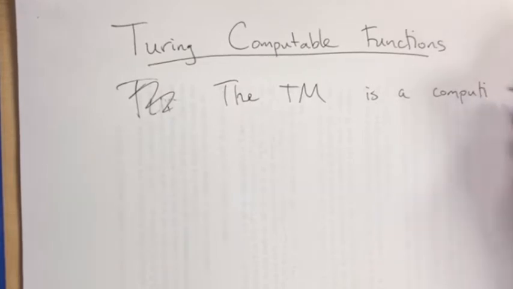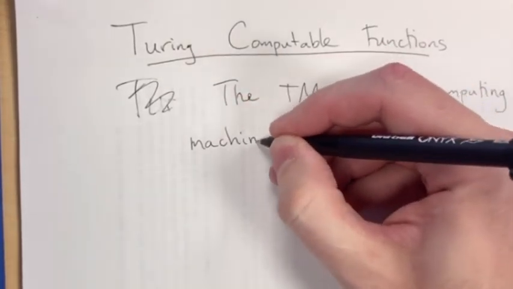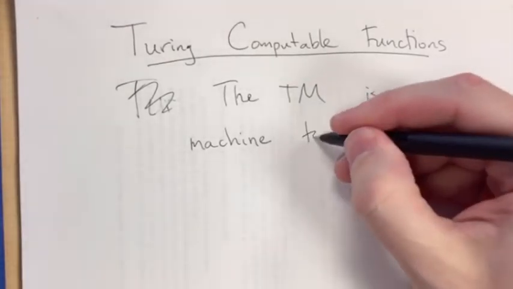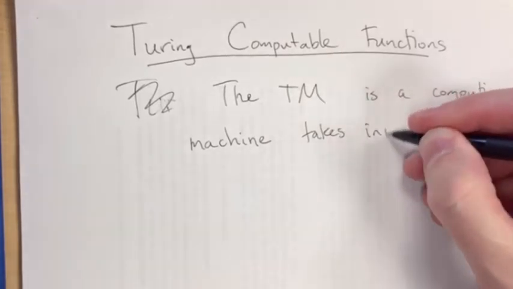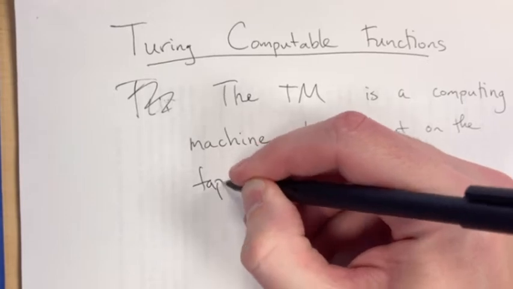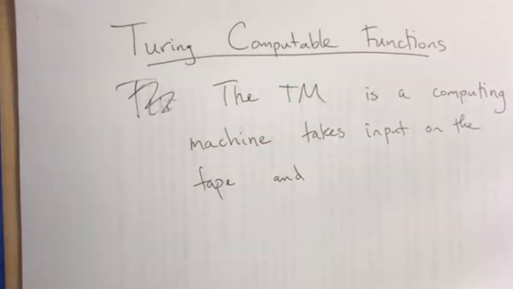You could say computer if you want, although that's a little suggestive given our modern usage of the term computer. The Turing machine is a computing machine which takes some kind of input on the tape, and after doing its thing, whatever it does, it ends up with something also on the tape.